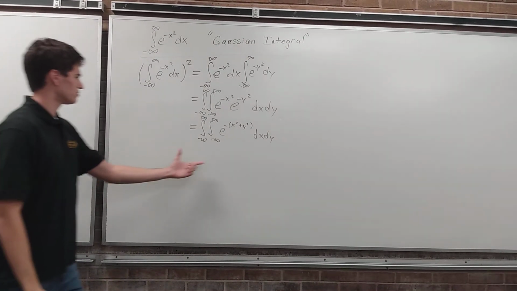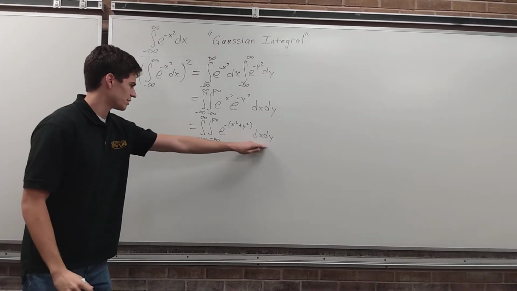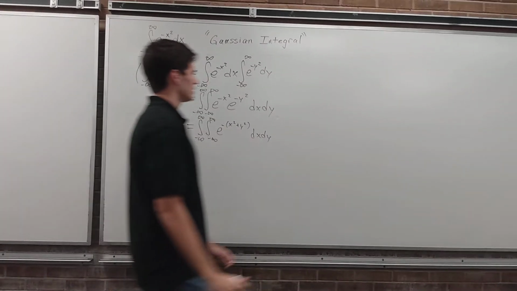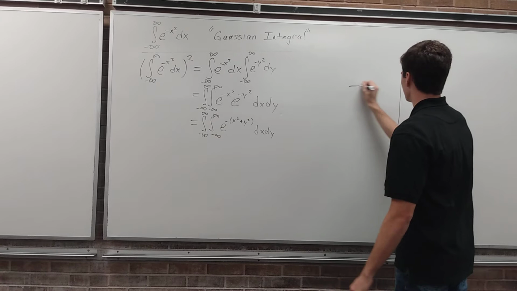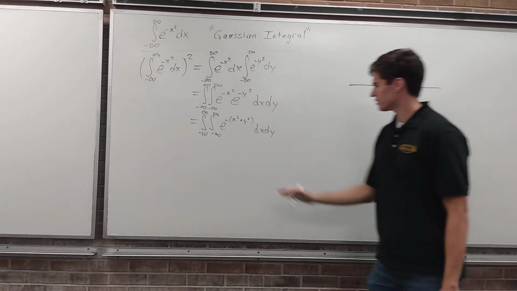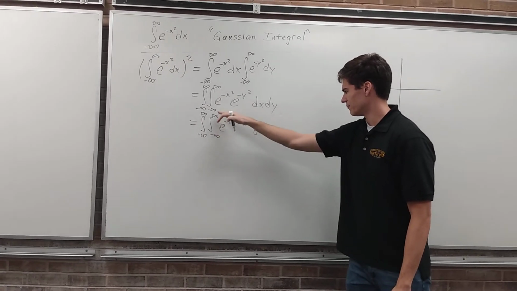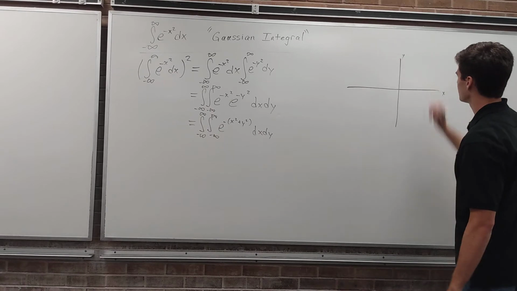Now we're going to transfer this integral from Cartesian coordinates into polar coordinates. And to do that, we are going to have to look at what we are integrating over. So if we're integrating with y going from negative infinity to infinity and x going from negative infinity to infinity, then we're just talking about the entire Cartesian plane.